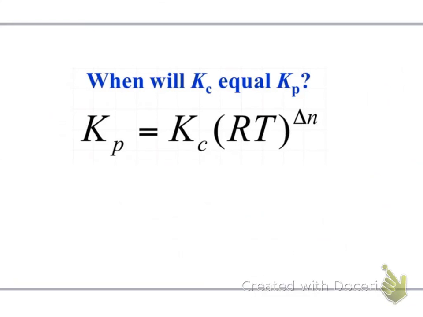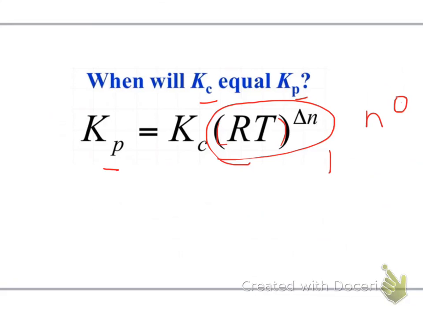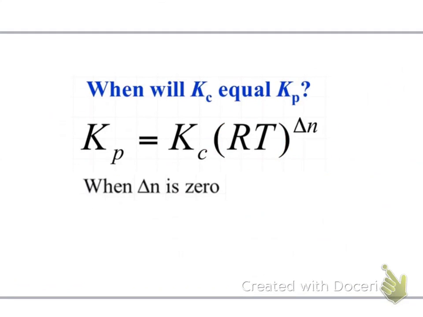There are times where Kp will equal Kc, and that's going to happen when (RT) raised to the change in n is equal to 1, which is when RT is raised to the power of 0, because anything raised to the 0 is equal to 1. It's just a common rule of math. So when the change in moles is 0, my Kp equals my Kc.